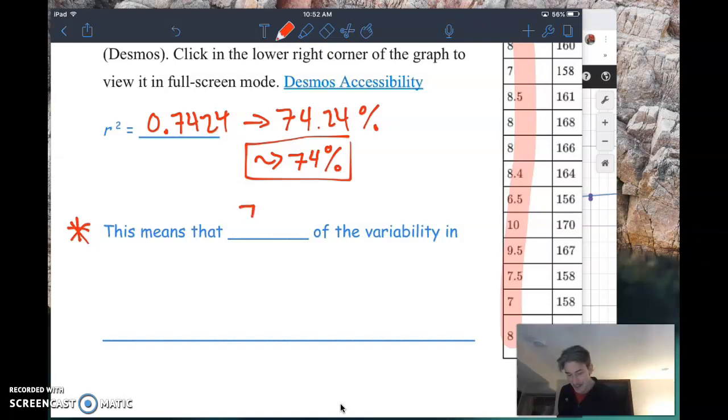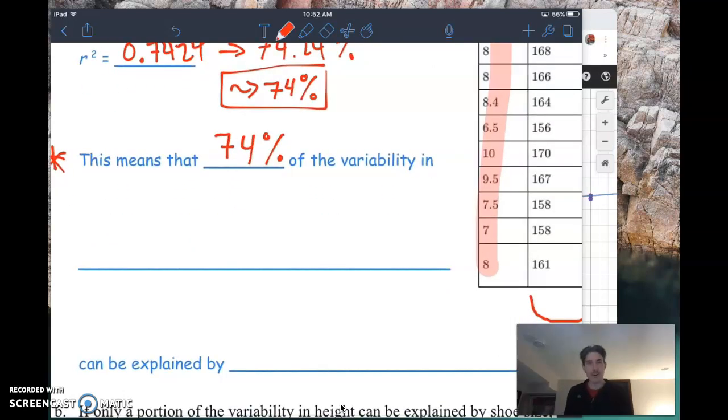This means that 74% of the variability, meaning the amount of fluctuation we see in our model, or the amount those residuals deviate from that x-axis, or the amount we are off by, in my response variable, my y variable, the thing I'm trying to predict, human height, right?